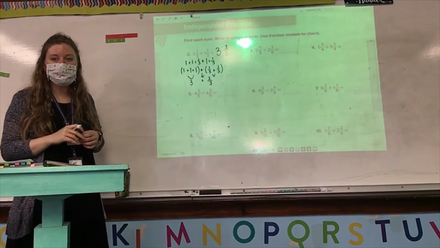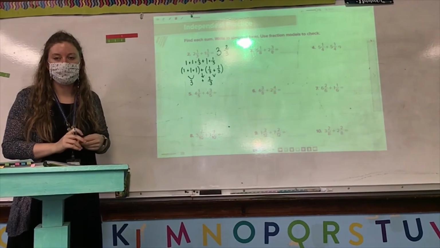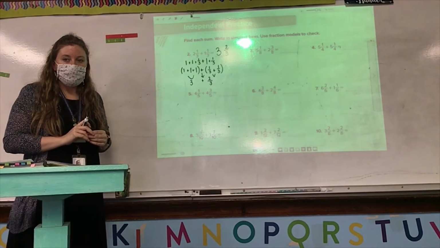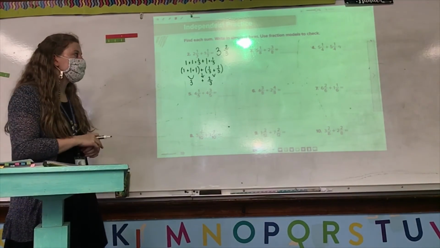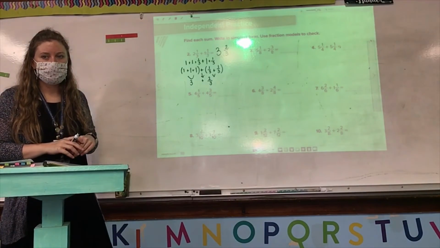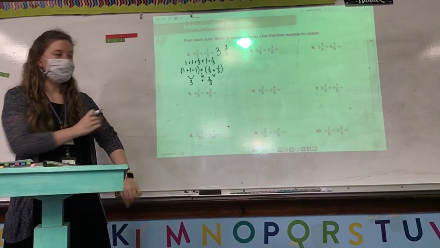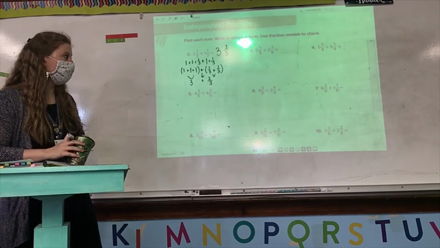Zari, is that in simplest form? Or do we need to find simplest form? It's in simplest form. How do you know? Because 2 and 3 are both prime numbers. Our numerator and our denominator are both prime.